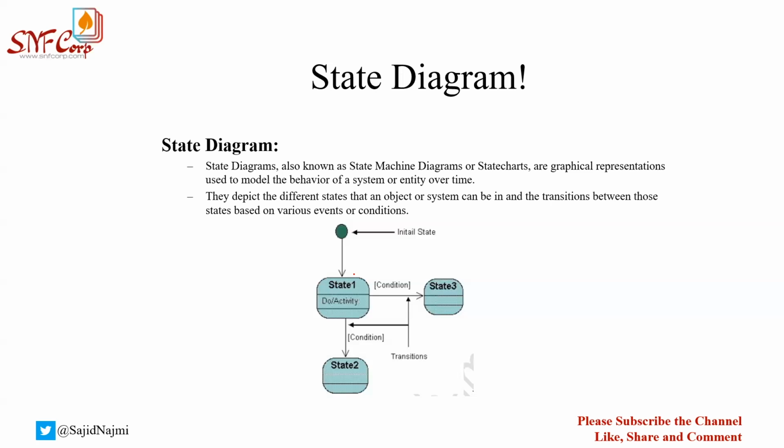When you draw the state diagram, you show the different states of one application, or maybe a module, or maybe one object. You tell people what the different states are and what the transitions are, how it moves from one state to another, and you show them everything in the state diagram.